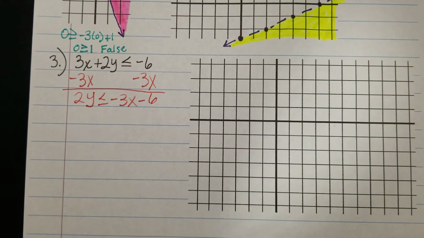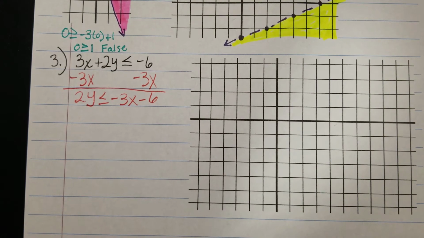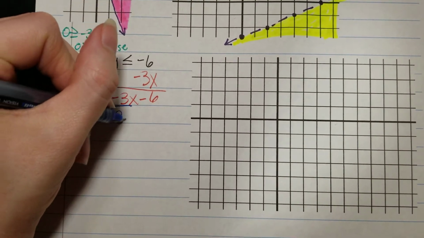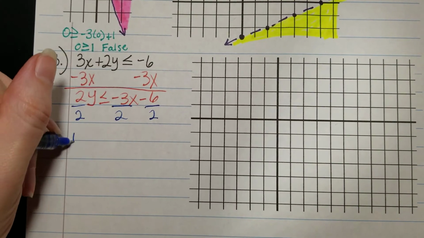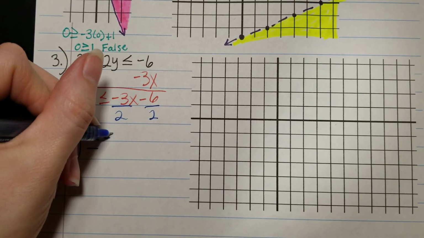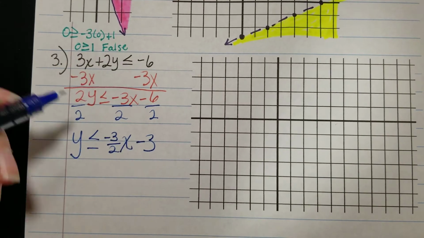Then I'll divide each term by 2, which gives me y is less than or equal to -3/2 x minus 3.